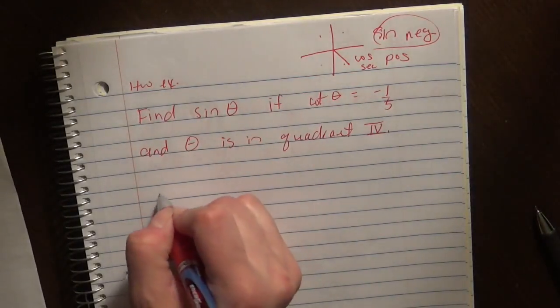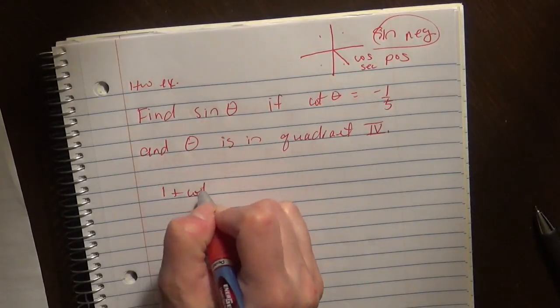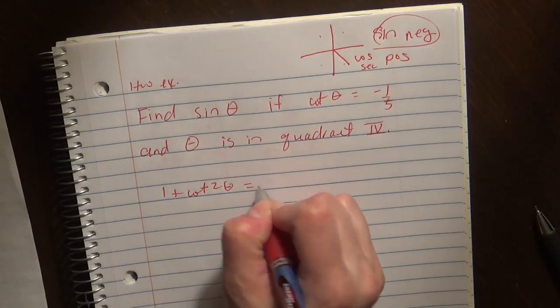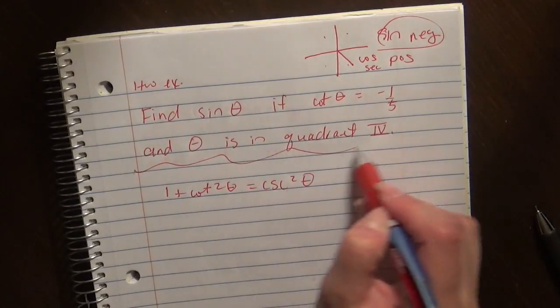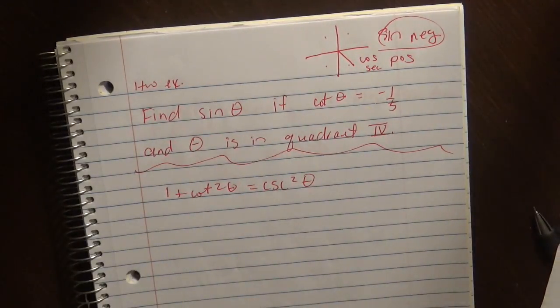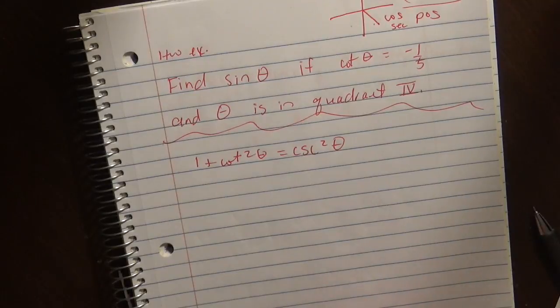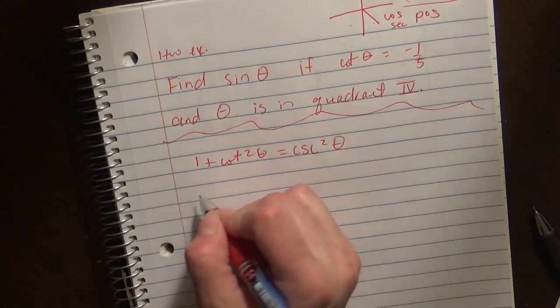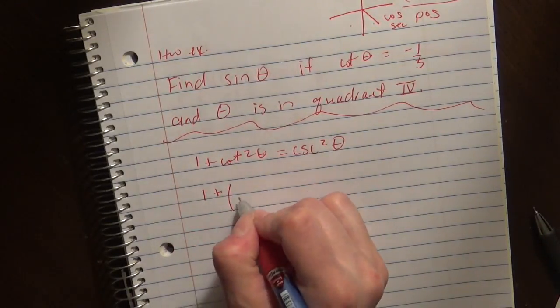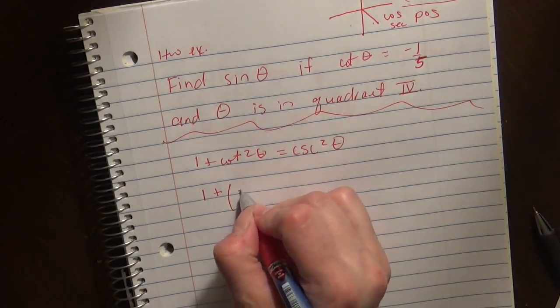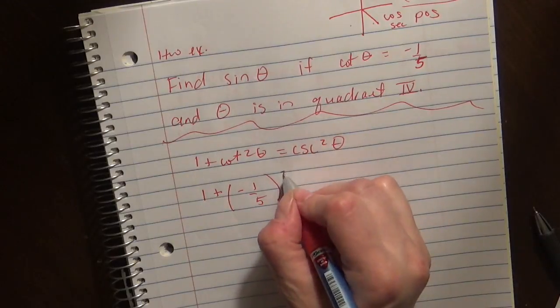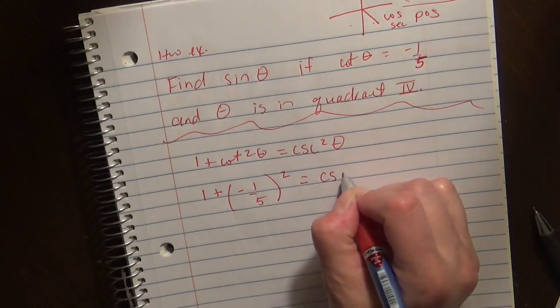So we'll use that one. 1 plus cotangent square equals cosecant square. Put in the information we're given. So we've got 1 plus negative 1/5, square that, equals cosecant square.